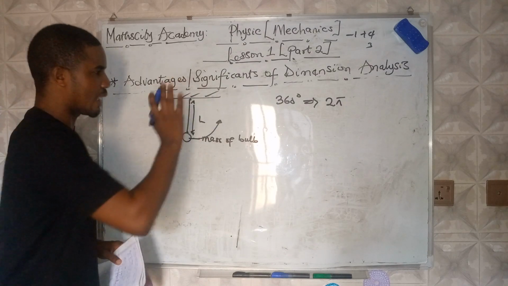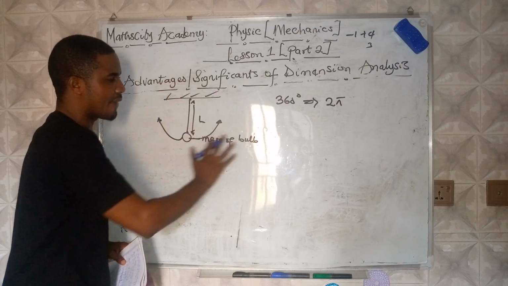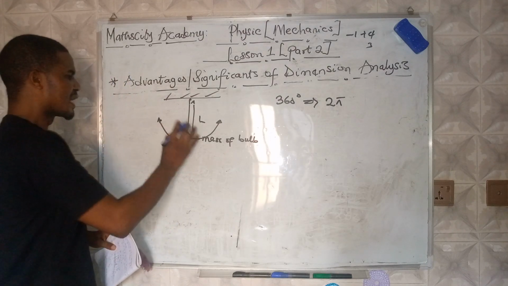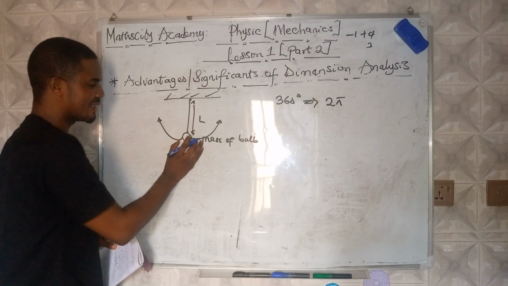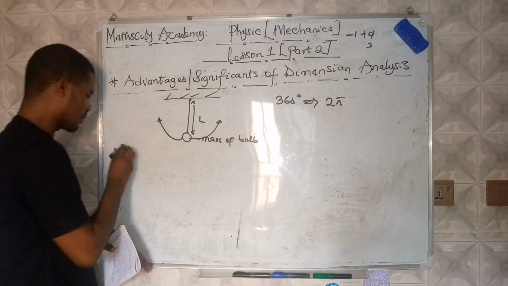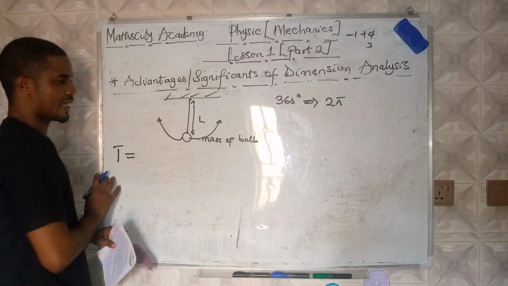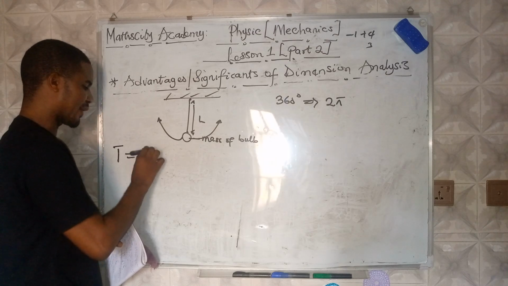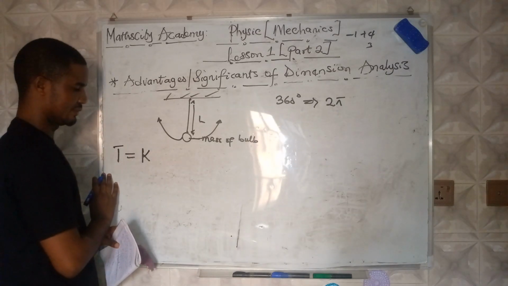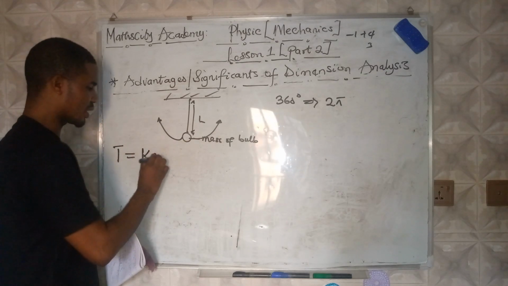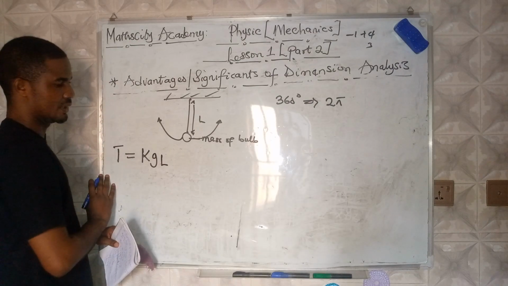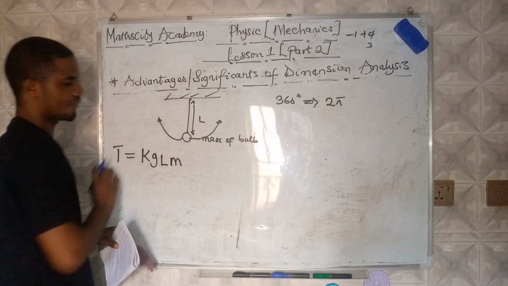So what I will do first is to bring out all the parameters that are involved in this experiment. If I want to get the period of a simple pendulum T, what I'm going to consider is: I have a constant, I have acceleration due to gravity, I have length of the rope, and I have mass of the bulb.